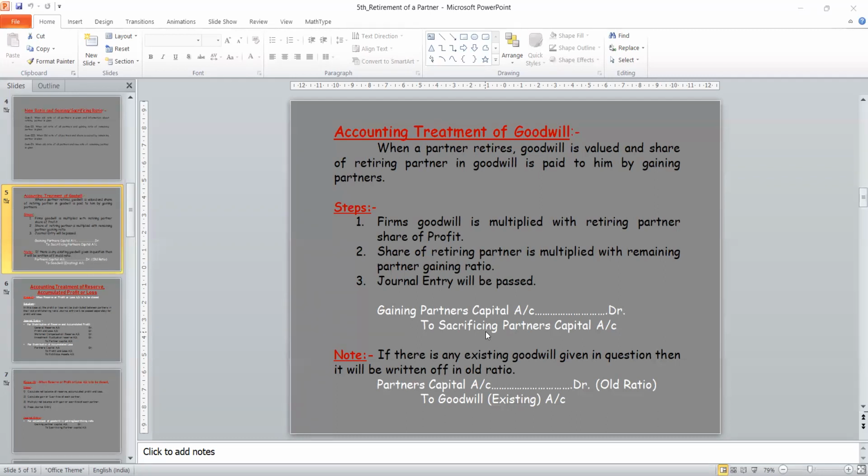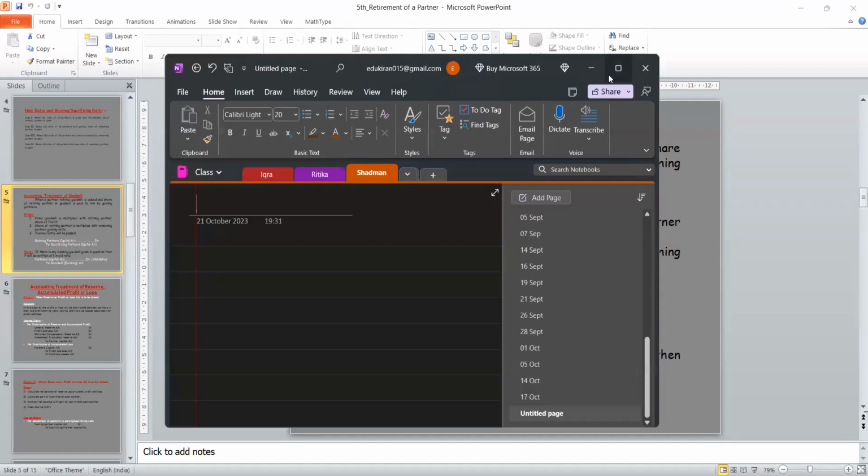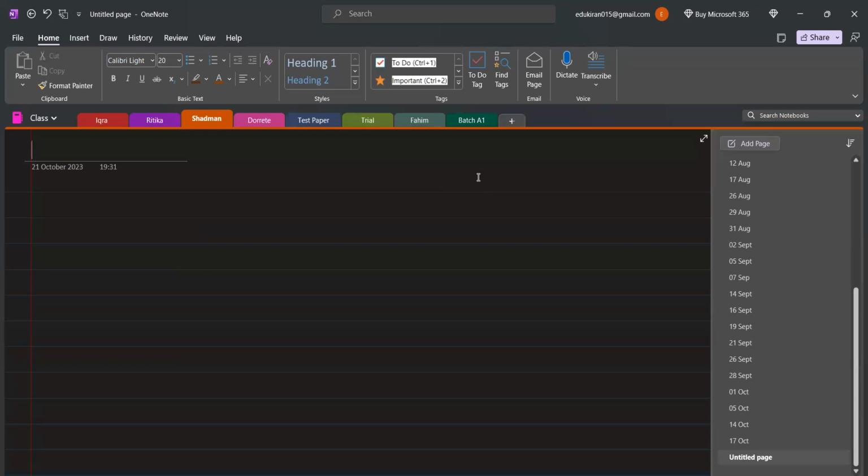This goodwill can be given as additional information as well as in the balance sheet. Yes, these types of goodwill we will find in our questions.